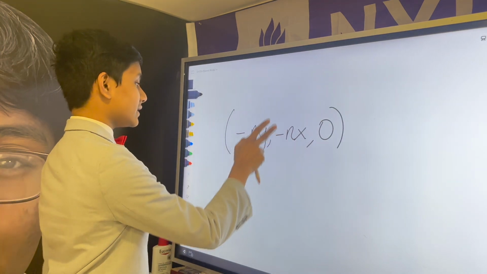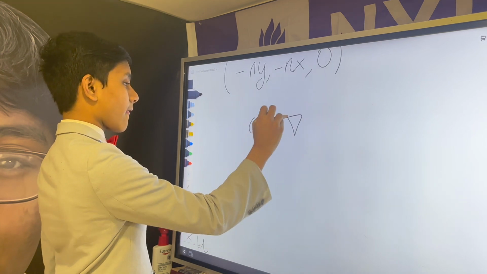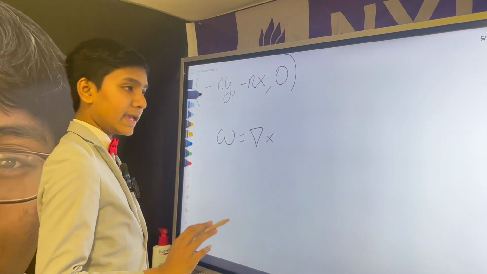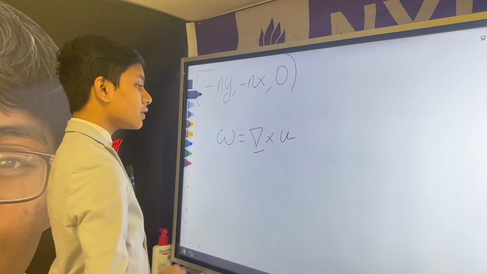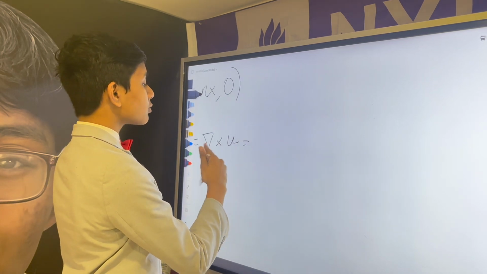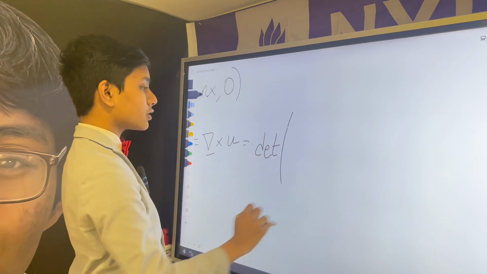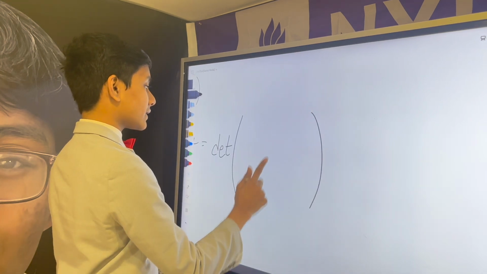First, we find the vorticity. Now, if you recall the informal definition for nabla, then you'll realize that this cross product is essentially like taking the determinant of the following matrix.